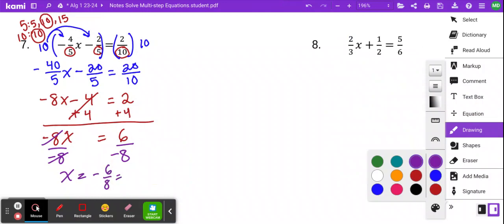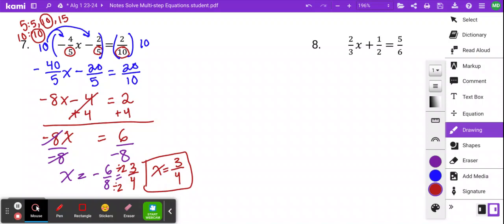We'll reduce as much as possible. Let's divide the top and the bottom by 2. So we get 3/4. So x is equal to 3/4.